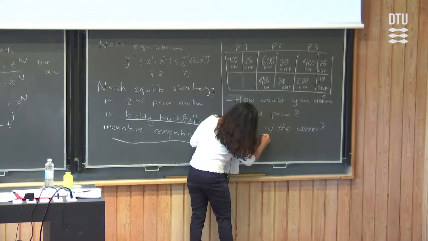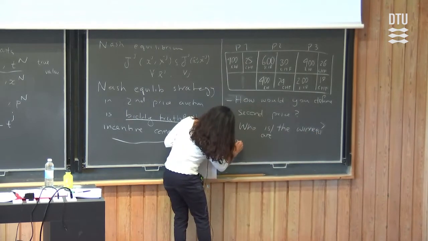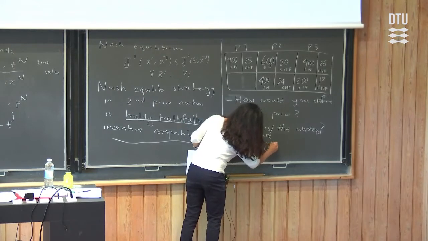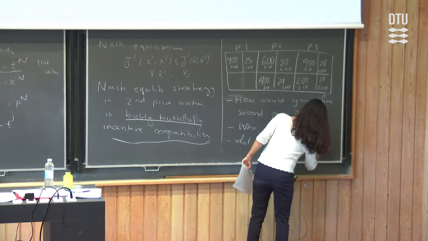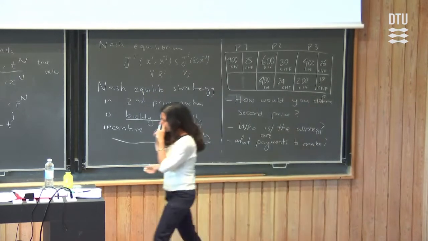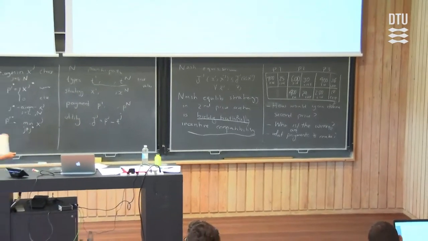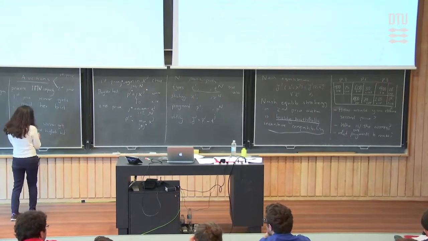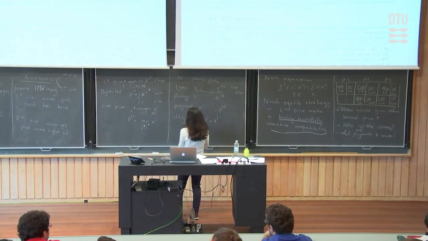Who is or are the winners? What payments to make? While I erase the board, you can think about it, at least about who's the winner. And then we're going to go to the generalized second price auction.